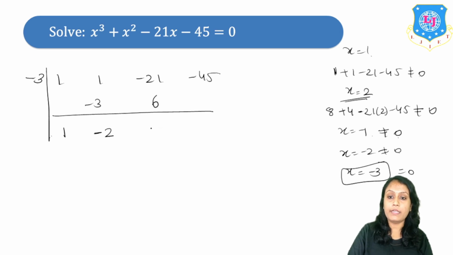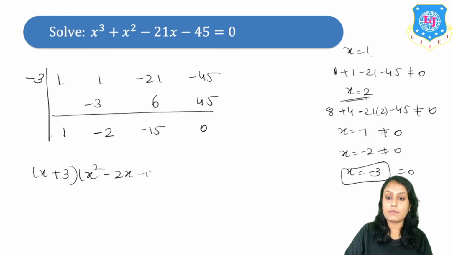So what you will get over here is minus 15. Minus 15 into minus 3 gives you 45, and at last here we have 0. Now our root is minus 3, so we write x plus 3. From these 3 terms we will write x square minus 2x minus 15 is equal to 0.